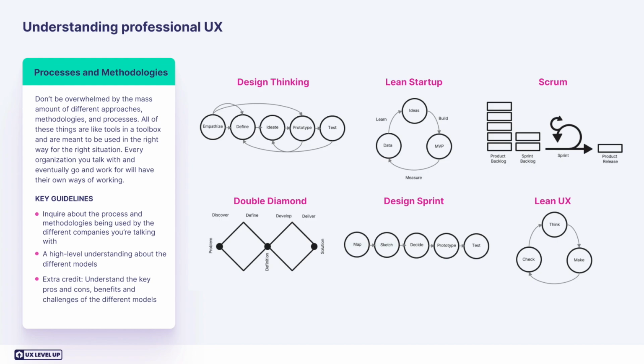But the point I'm making is that while methodologies and process are extremely important, as a UX professional, you have an opportunity to think critically and creatively and to customize an approach to solving unique problems. So with that said, let's walk through these.